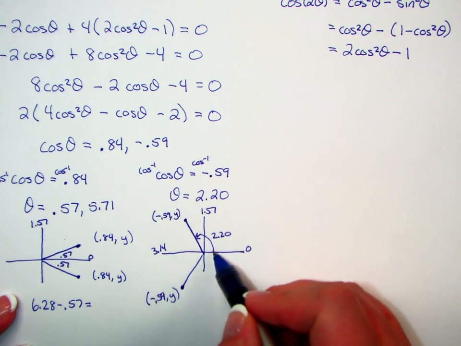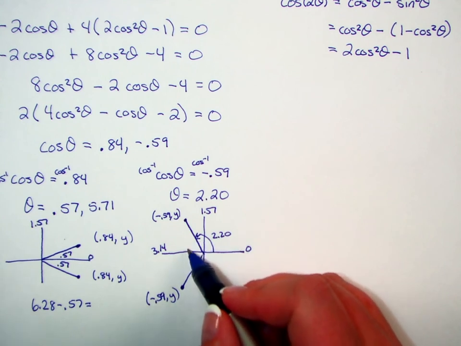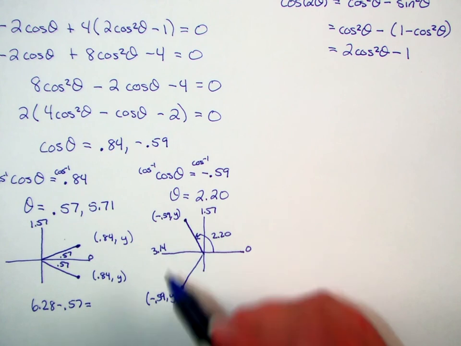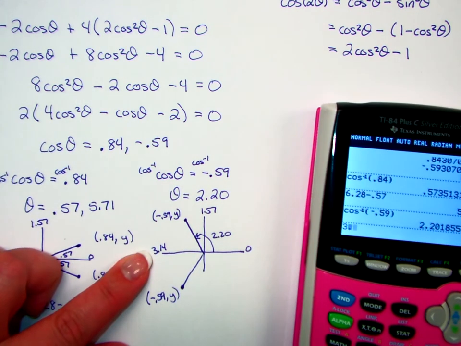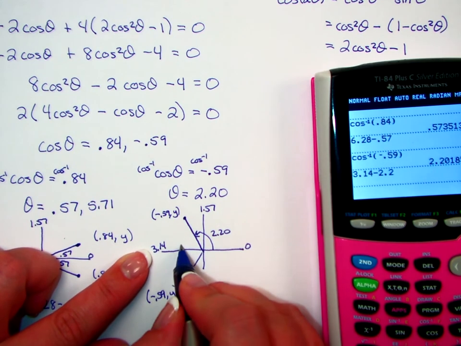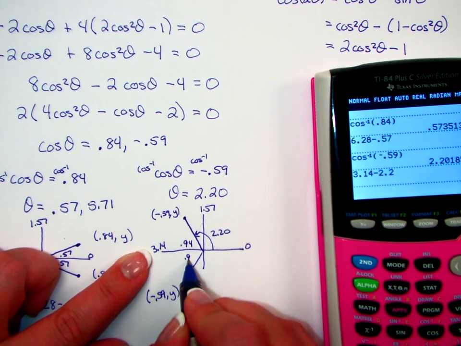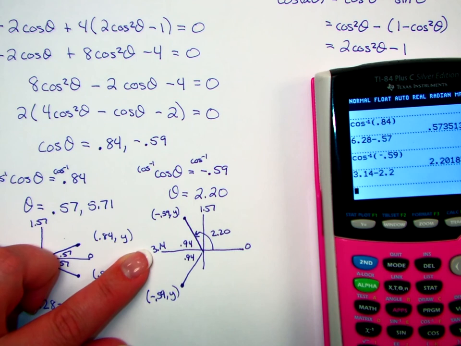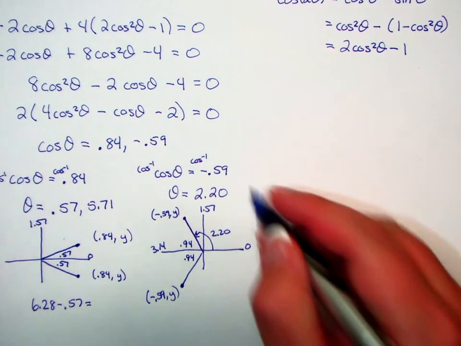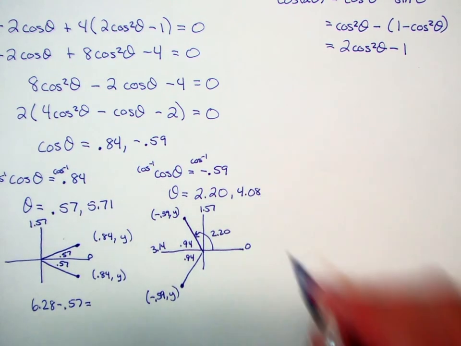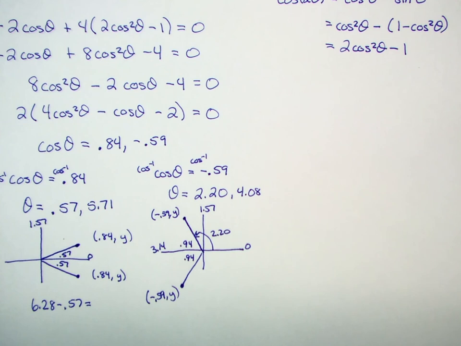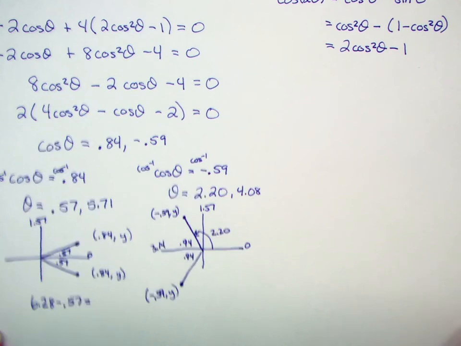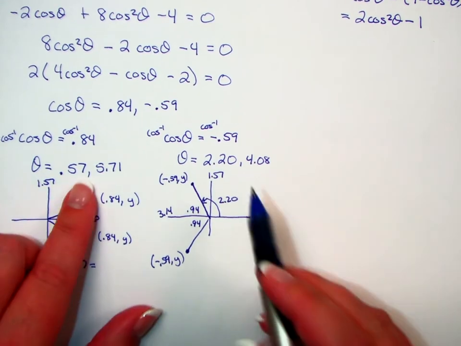So we went 2.2, so if I do 3.14 minus 2.2, that'll get me that angle there. 3.14 minus 2.2 gives me 0.94, which means this angle is 0.94 past 3.14, so I'm going to do 3.14 plus 0.94, and that's going to get me 4.08. That's my other critical number, my other solution from 0 to 6.28.